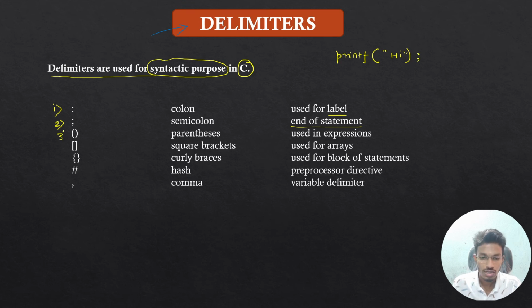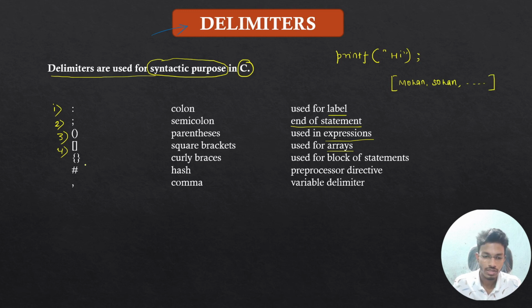The third one is parenthesis, which is used for expressions. The fourth one is square brackets, which are used for arrays. Suppose there is a school and I want to enter the names of the students in an array, like Mohan, Sohan, and so on.